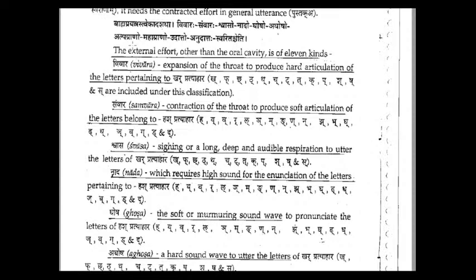Now Samvara, Nada and Ghosha. These three are the external efforts of Hash Pratyahar. So in Hash Pratyahar, which letters are coming? You can read Ha, Ya, Va, Ra, La, Ya, Ma, Ga, Na, Na.